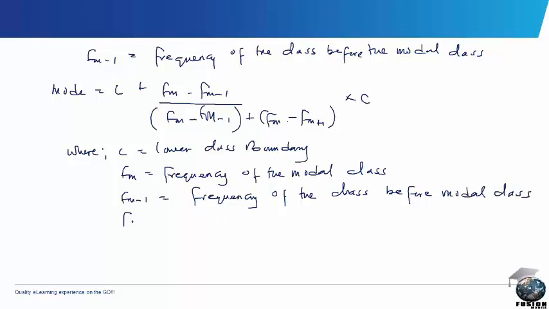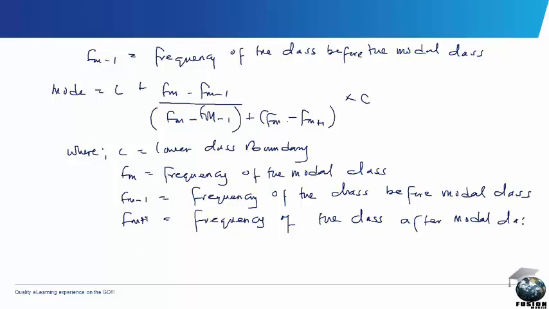And fm plus 1 is the frequency of the class after the modal class. And c is the class width or the class size.